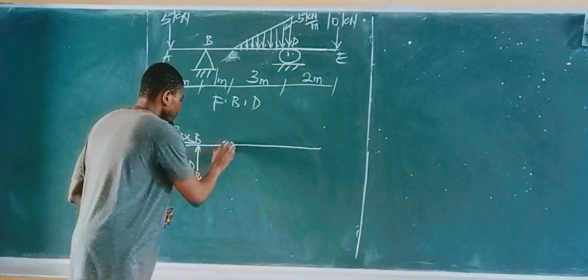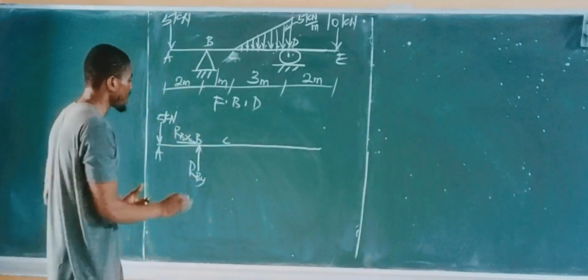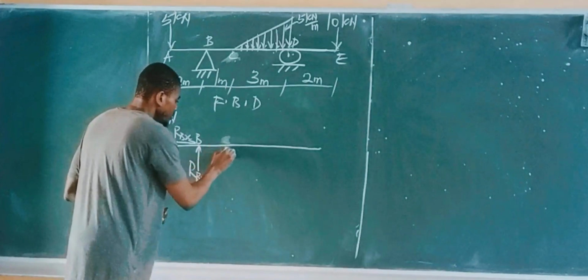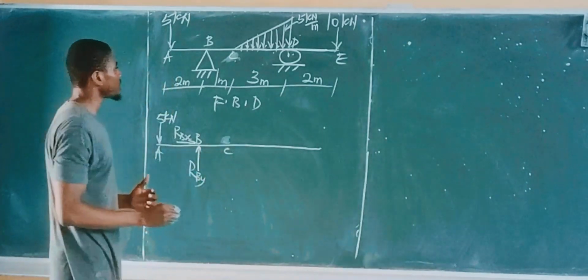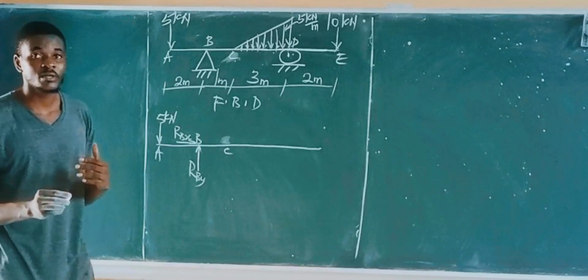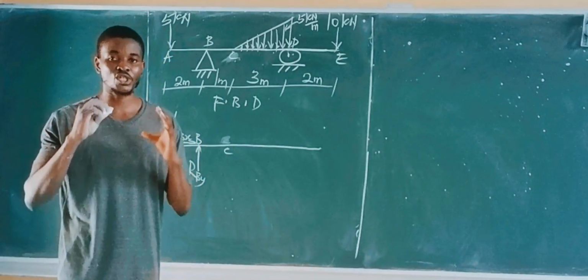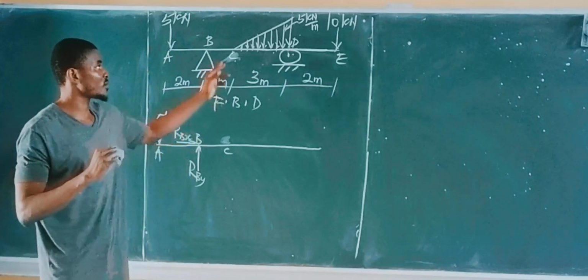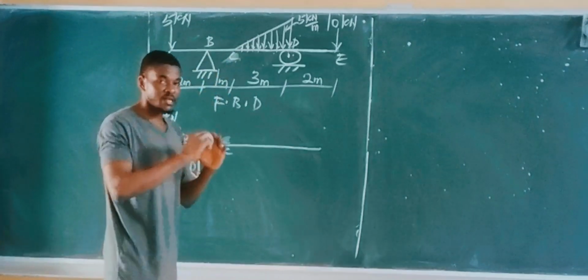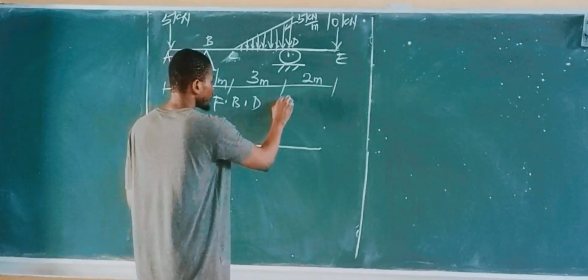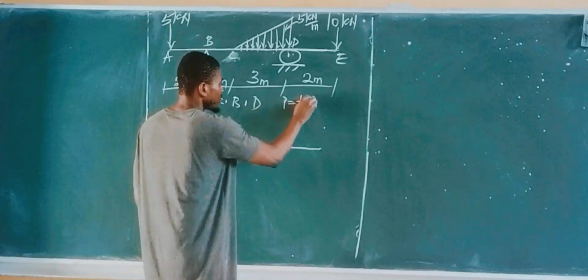Between point C and point D, we have a uniformly varying load. I said in the introduction video that to convert the UVL to a point load, simply take the area of the shape. Since this shape is triangular, the point load is half base times height.